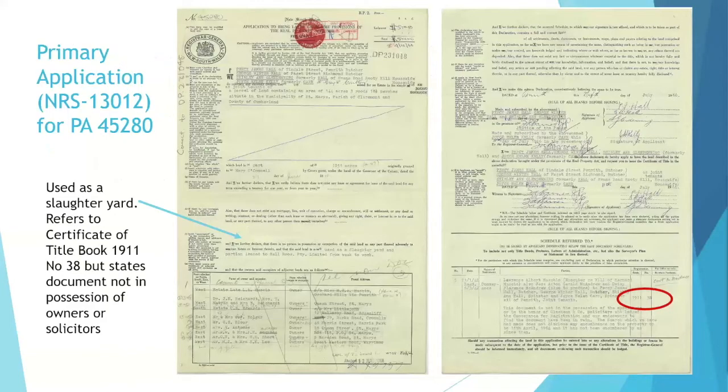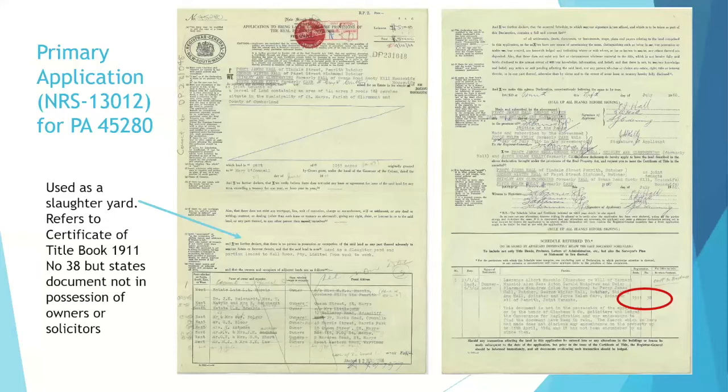So this is the actual application itself to have the property converted in 1966, and we finally have a certificate of title number. So book number 1911, and it's page number 38.